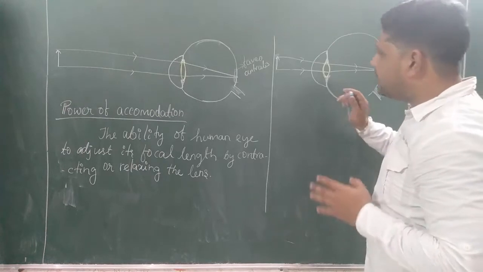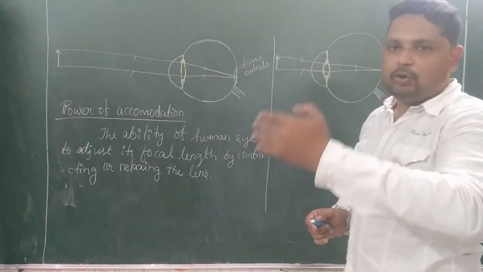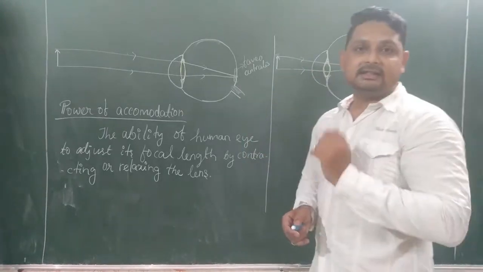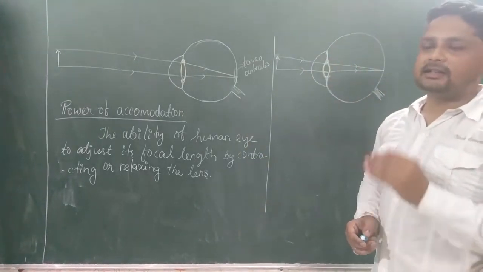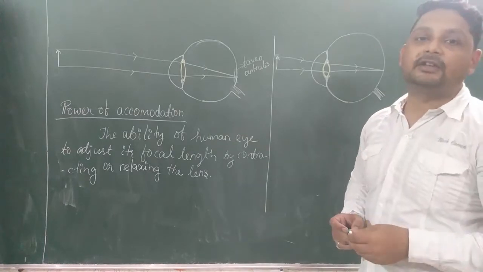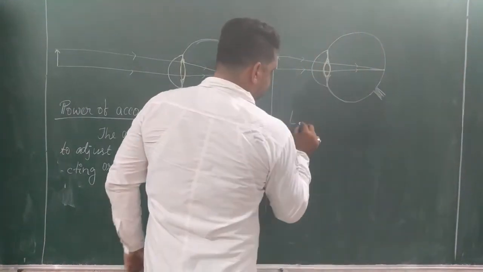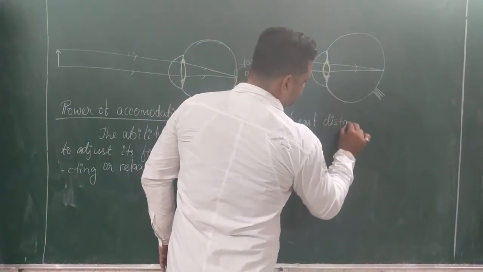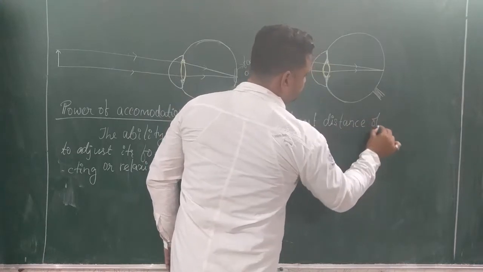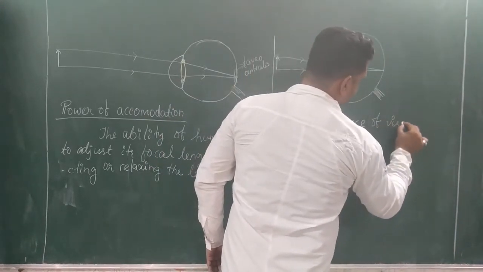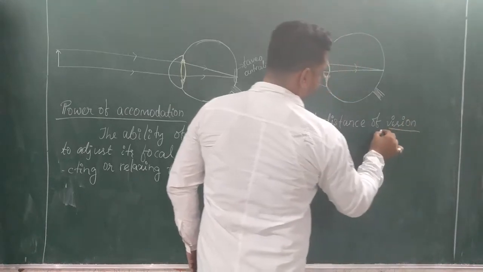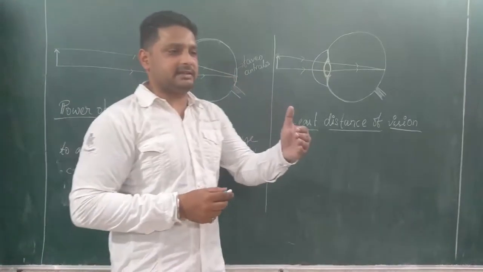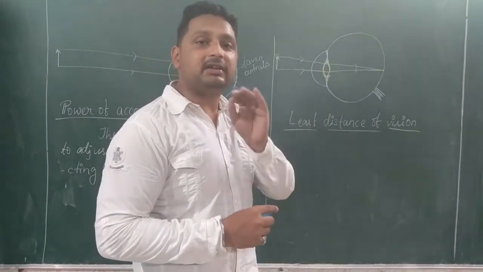So our human eye must have a minimum distance at which we can see an object. That is called the least distance of vision, the minimum distance at which we can see an object clearly.